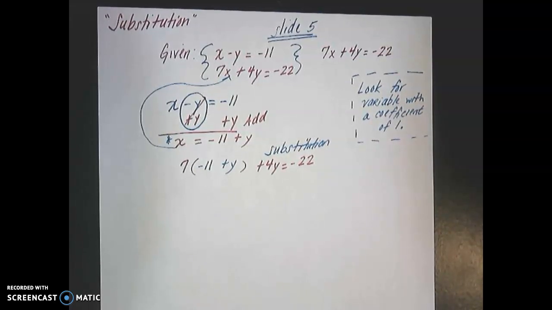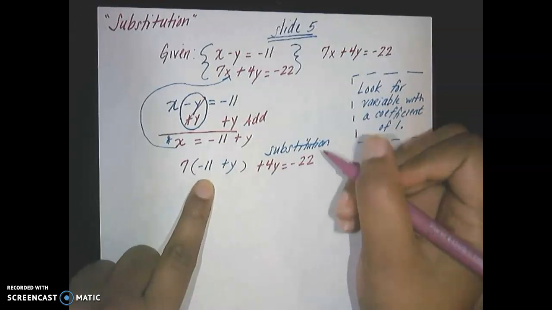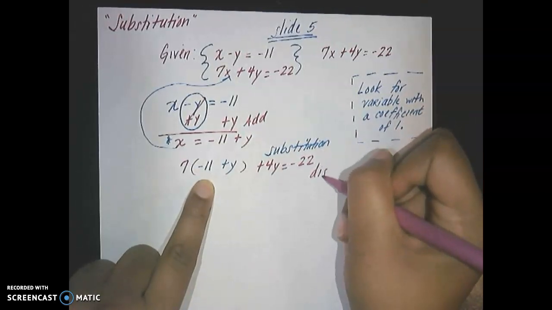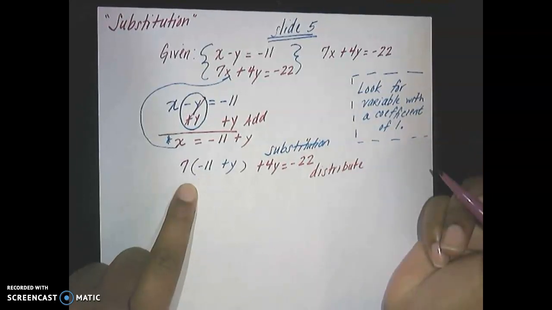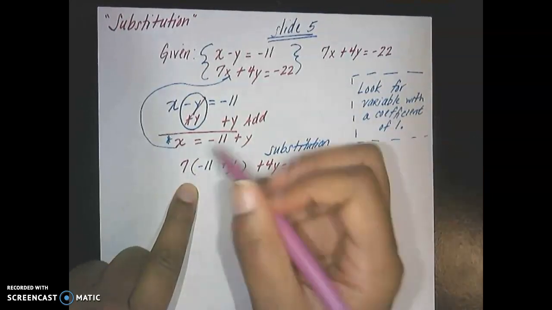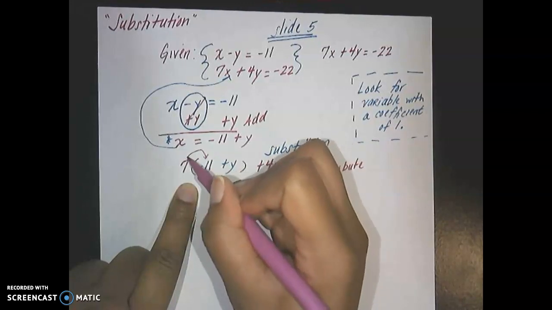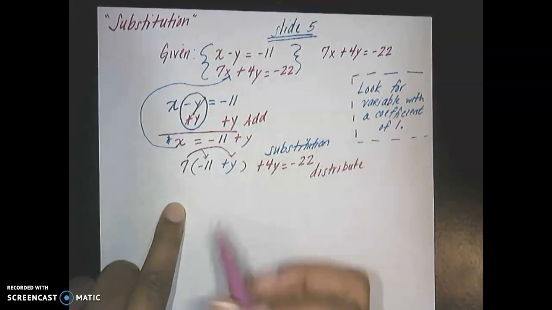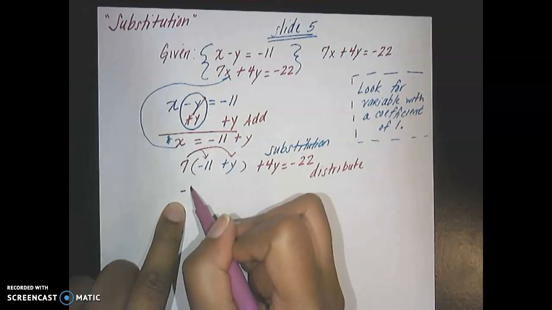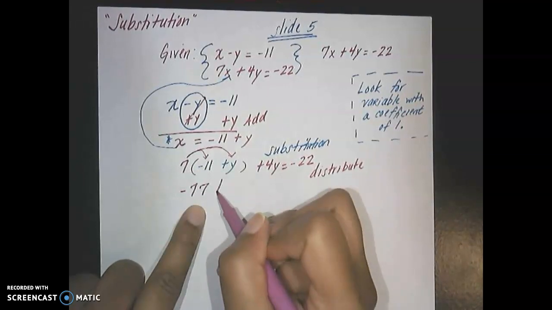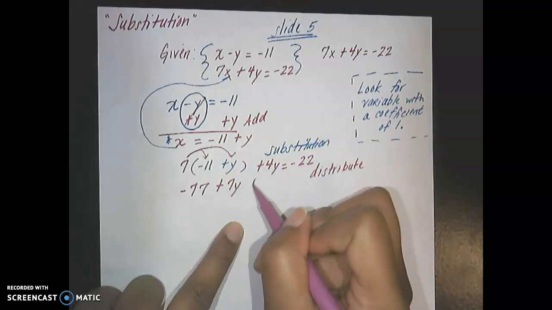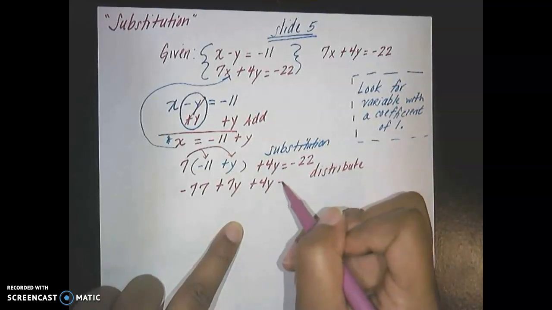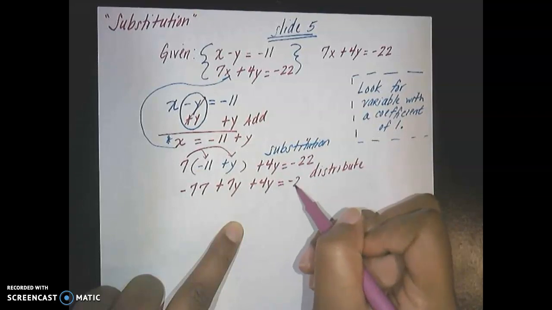Order of operations says to take care of parentheses. I cannot add those two together because they're not like terms. But what I can do is distribute this 7. So I'm going to multiply here. 7 times negative 11 is negative 77, plus 7 times y is 7y, plus 4y equals negative 22.